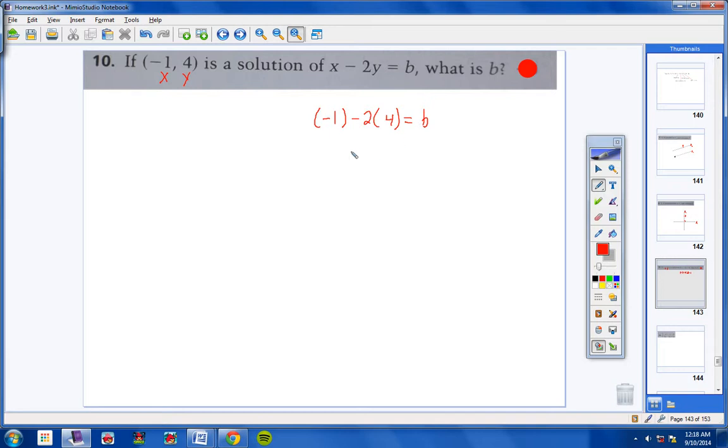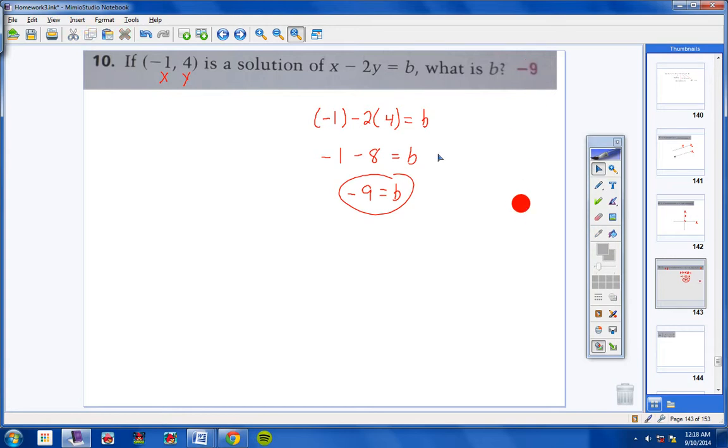So here we go. I have negative 1 minus 8 equals b, because negative 1 is just negative 1, and negative 2 times 4 is negative 8. And now we'll combine these two terms. Negative 1 and negative 8 is negative 9. So b is negative 9.